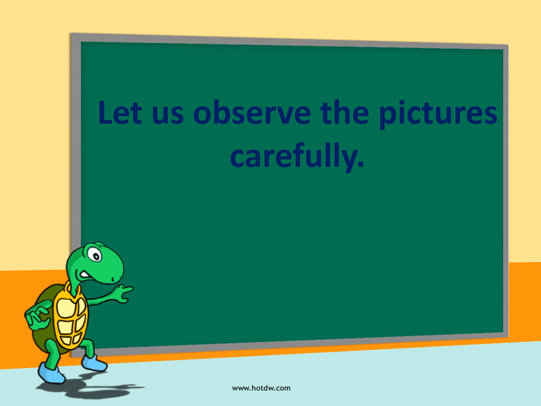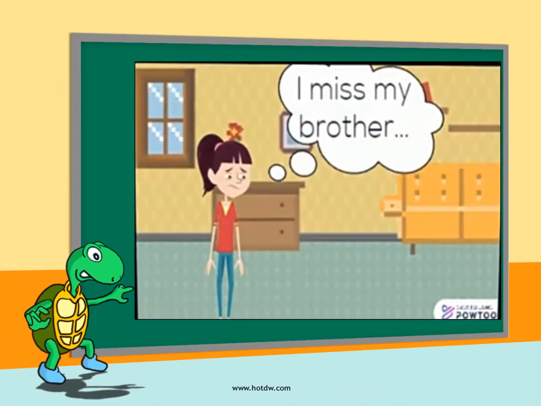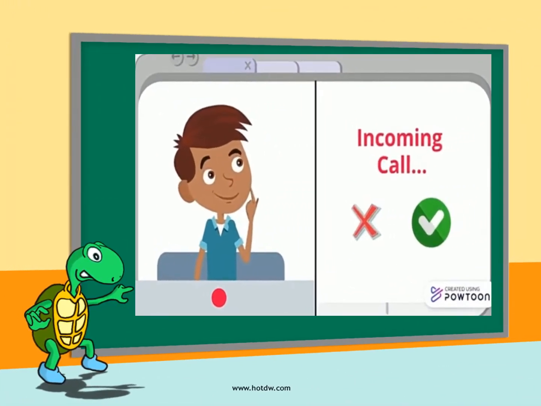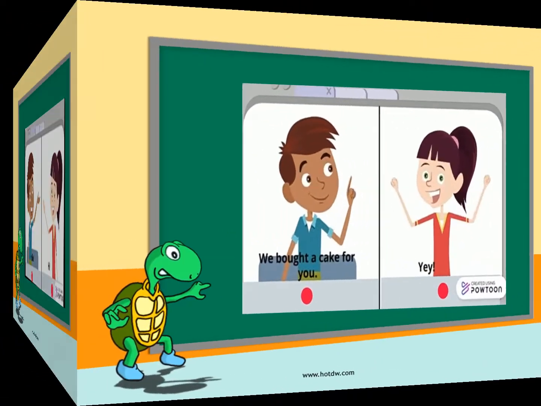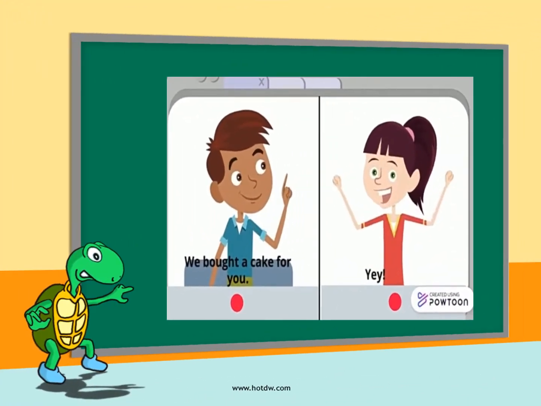Let us observe the pictures carefully. In the first picture, the lady is missing her brother. So, the lady tried to video call her brother. The two seem to be enjoying their communication. The communication seems to be going well.